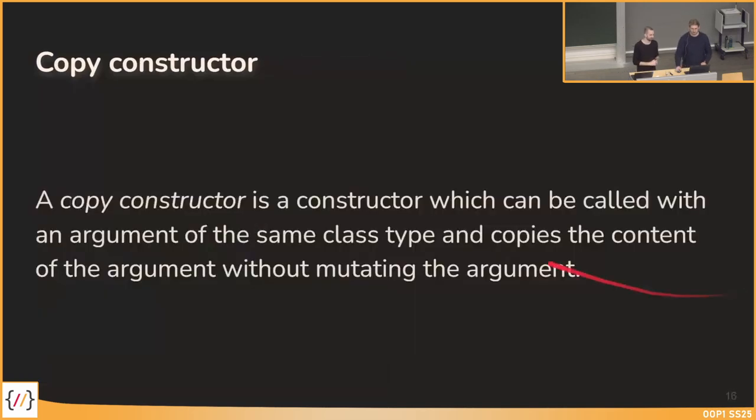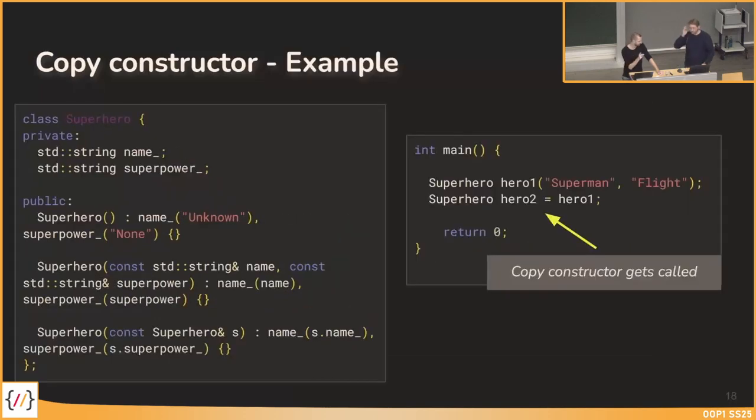So again, it's good practice to define the object to copy as const. We don't want to mutate the argument, the original object that is passed as argument. That's why we use const here. But it's a very good question.